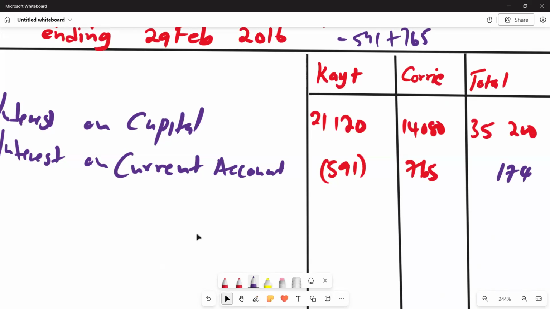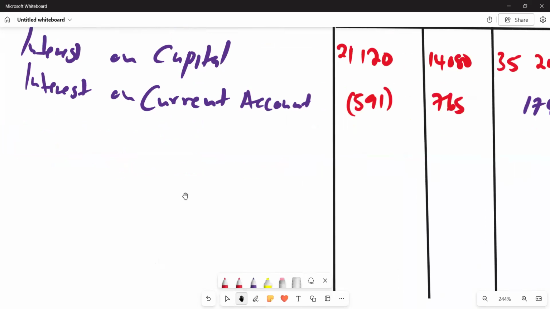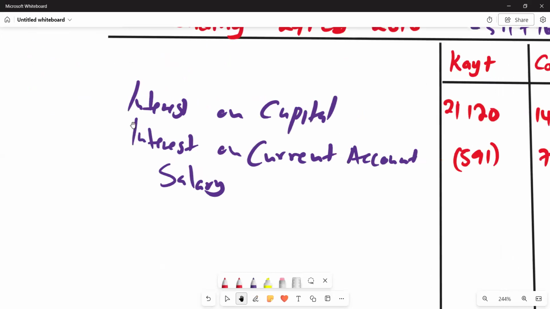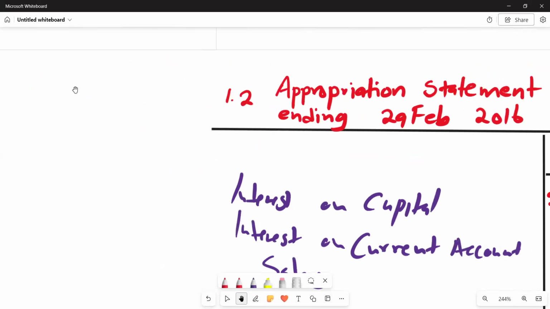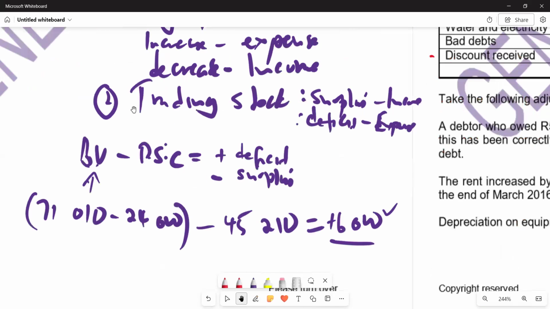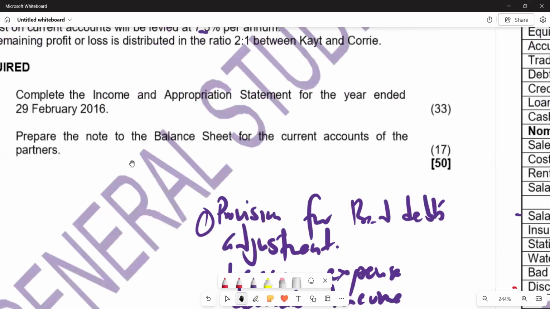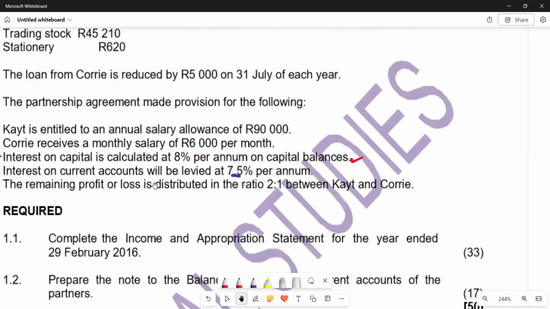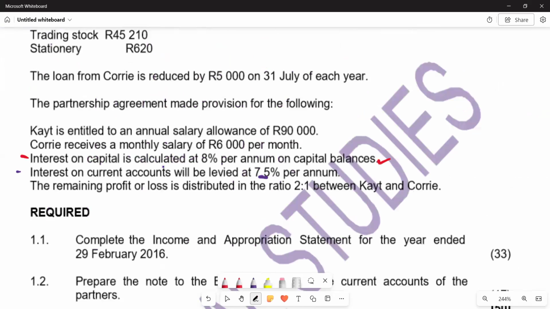Then on the next item, after interest on current, we have salary. Remember, we said the salary that comes with appropriation is the annual salary given in the partnership agreement. So you can refer back. In the partnership agreement, you see that Kate is entitled to an annual salary allowance of 90,000.